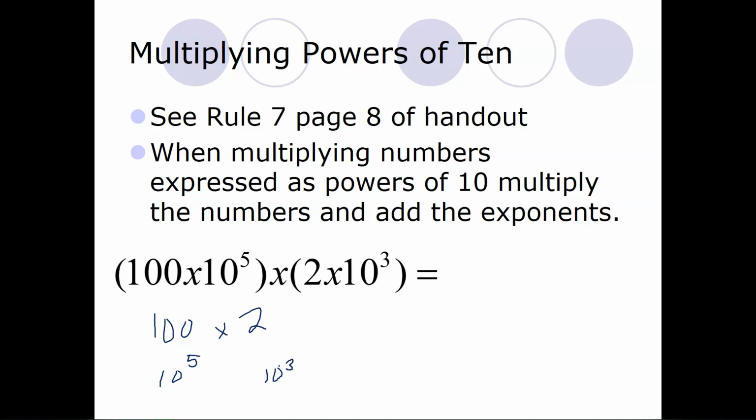So what you're going to do is leave your whole numbers, these first numbers, and just do whatever this guy says, which is multiply, in this case. So what you do after that is dealing with your exponents. Anytime you see multiply when you're dealing with exponents, you're going to add the exponents. You're going to add the tops.